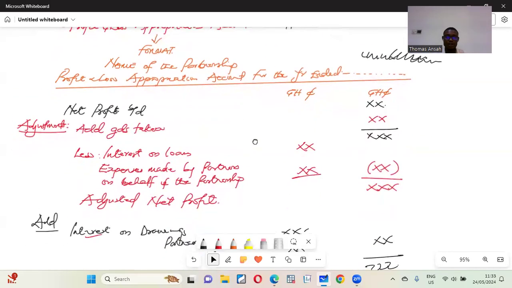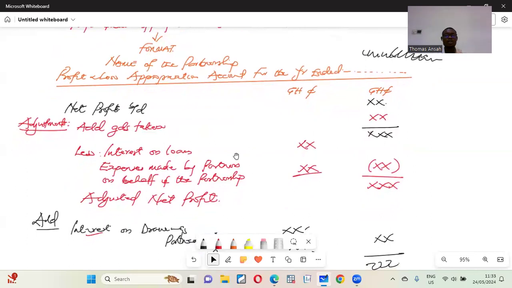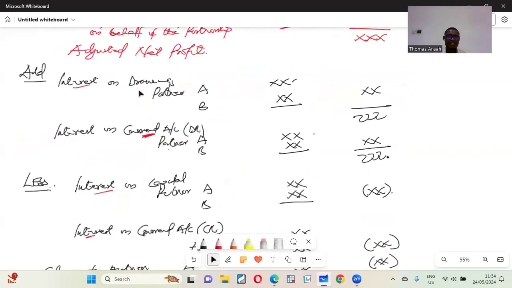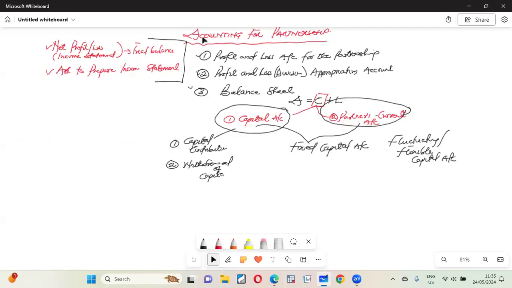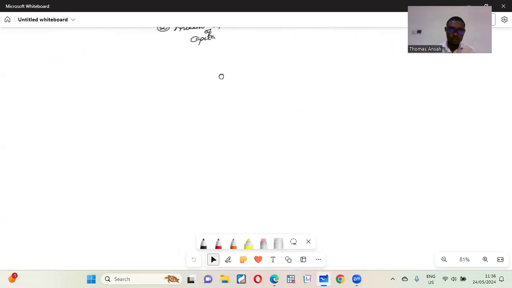So that is where we got to in terms of dealing with the appropriation. Today we are going to copy this part again, then explain the additional things that we have put here. So sitting tight, let's start all over again with the appropriation account. We said that in the appropriation account, we will need the name of the partnership.